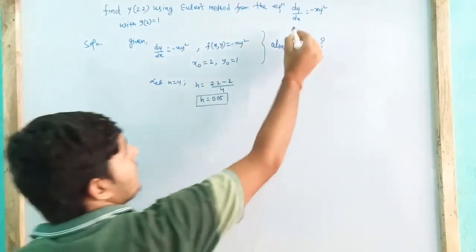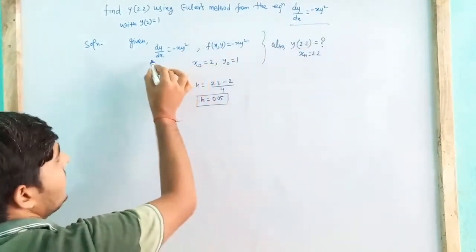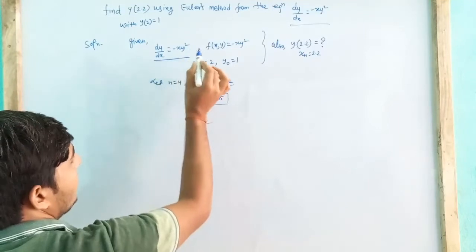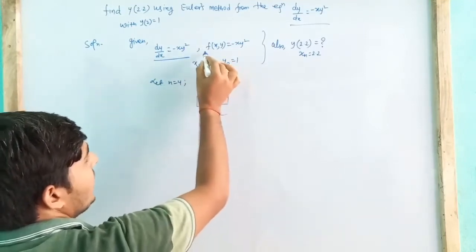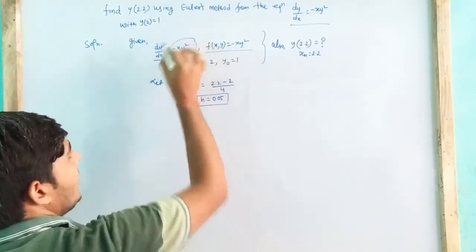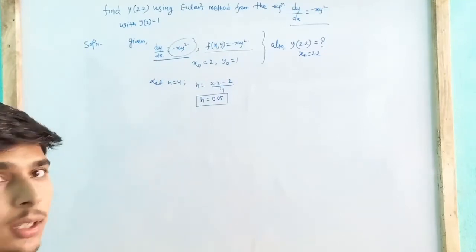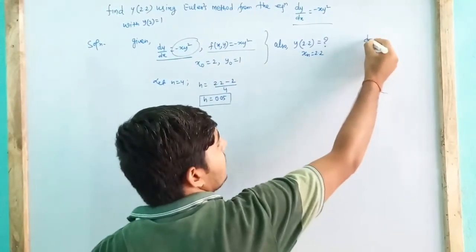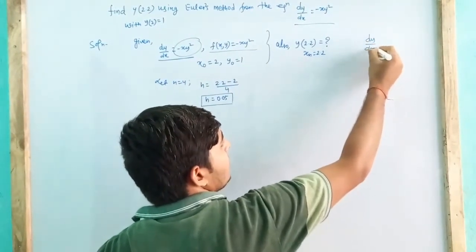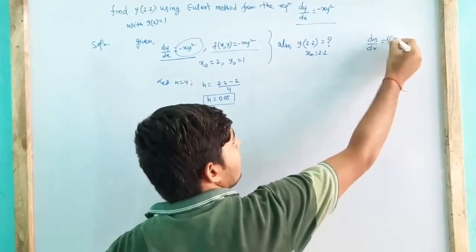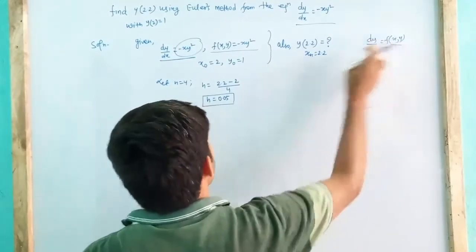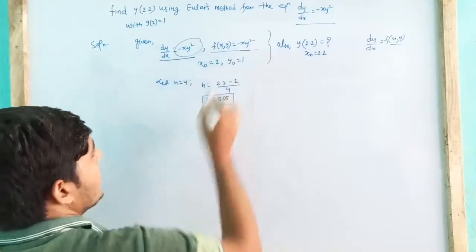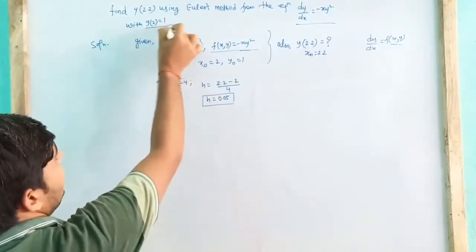So the equation is this, and from here we can get f of x y which is equal to minus x y square. We know the equation of Euler's method, dy by dx is equal to f of x y.